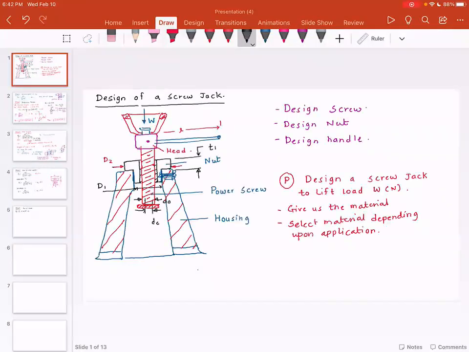If you look at the head, clearly the head has to sit on top of the screw, but the dimension should not be too big so that it extends beyond the outside diameter of the nut. So it should not be greater than D2. This dimension is D3.